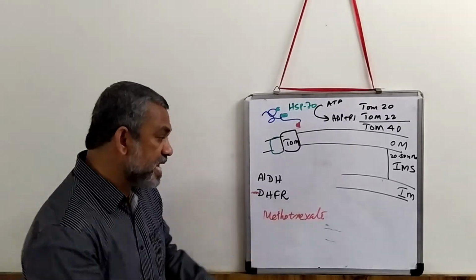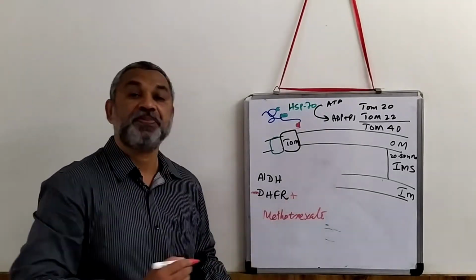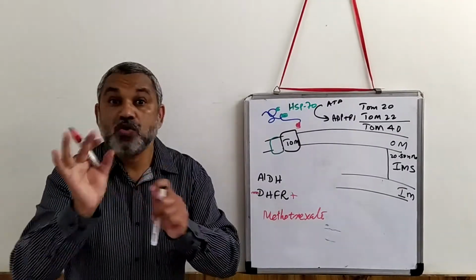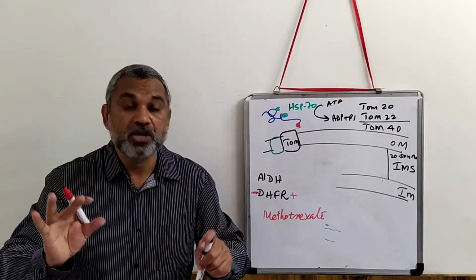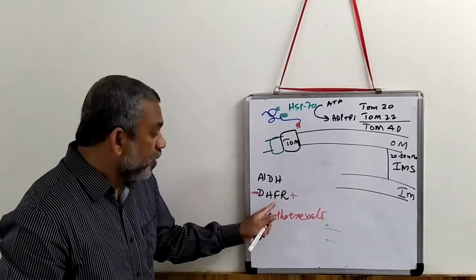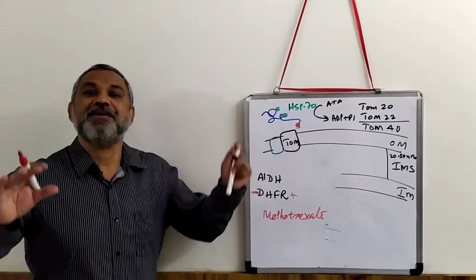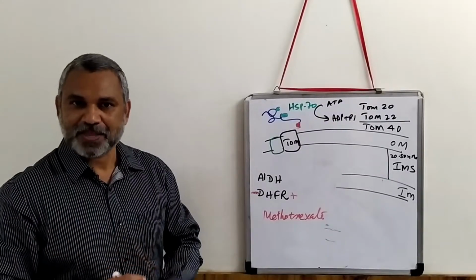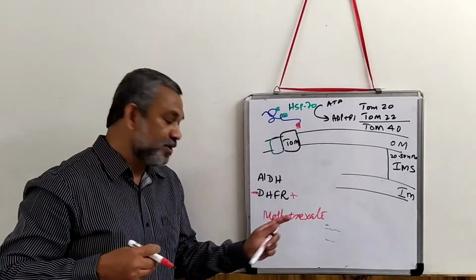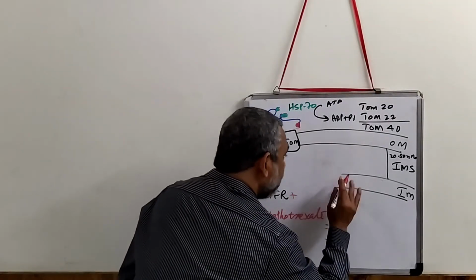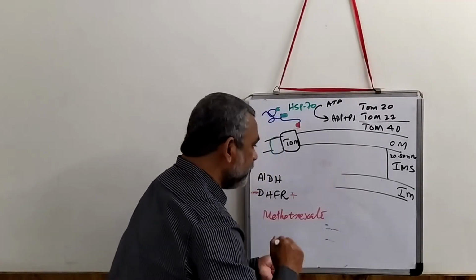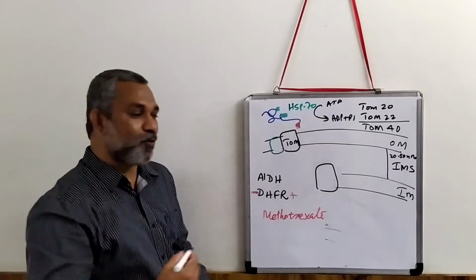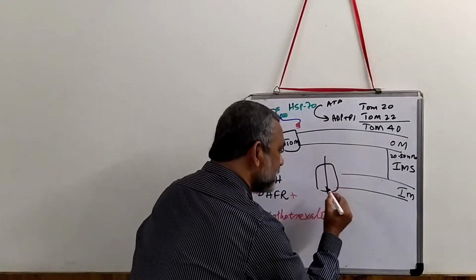Methotrexate binds with DHFR and inhibits the enzyme. It will not allow the protein to unfold. So DHFR will remain in the folded form if methotrexate is added. So they added methotrexate to it. Consider this is the TOM complex which has to transport the protein through the channel.